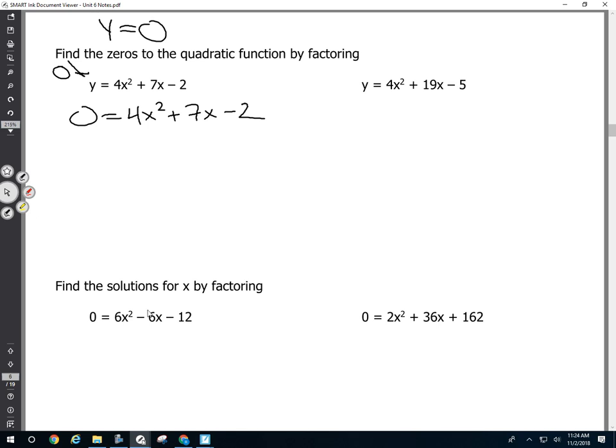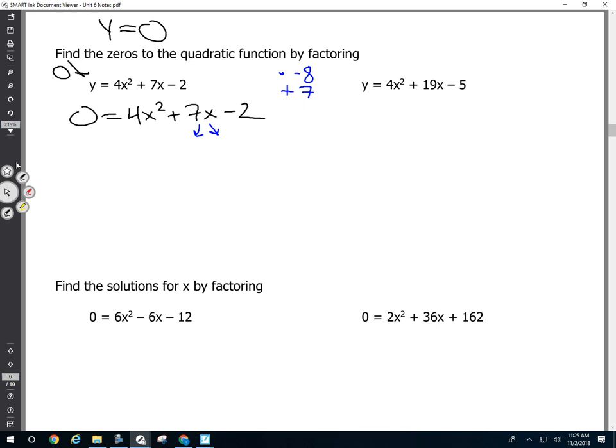Because we are not 100% sure that we're going to get x and x as my first things, we need to manipulate our number puzzle, multiply a and c first. And you're thinking, what two numbers multiply to get negative 8 and add to get 7? You then take those two numbers and rewrite the middle term.